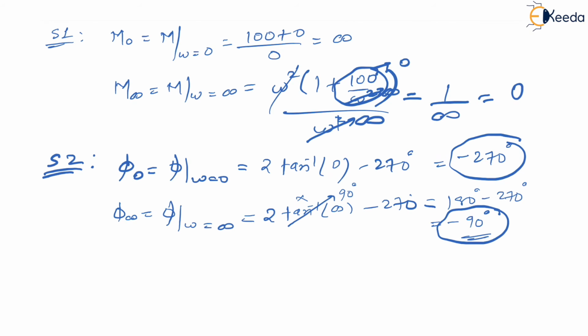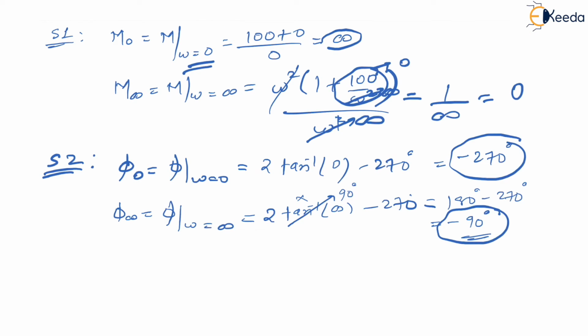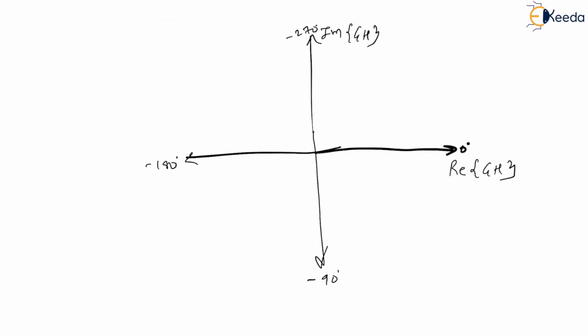If you see, at omega equal to 0, magnitude is infinite and angle is minus 270 degrees. So at minus 270 degrees at omega equal to 0, which means it comes here. Is that correct?